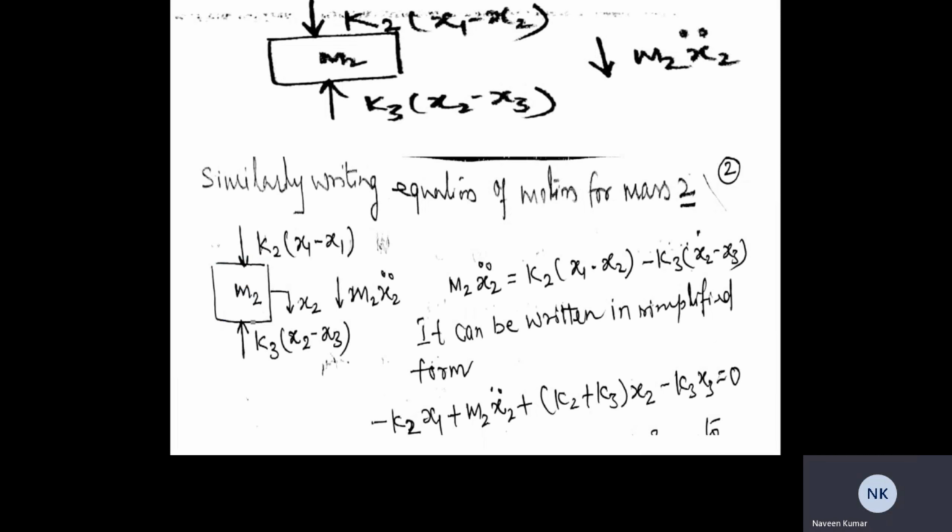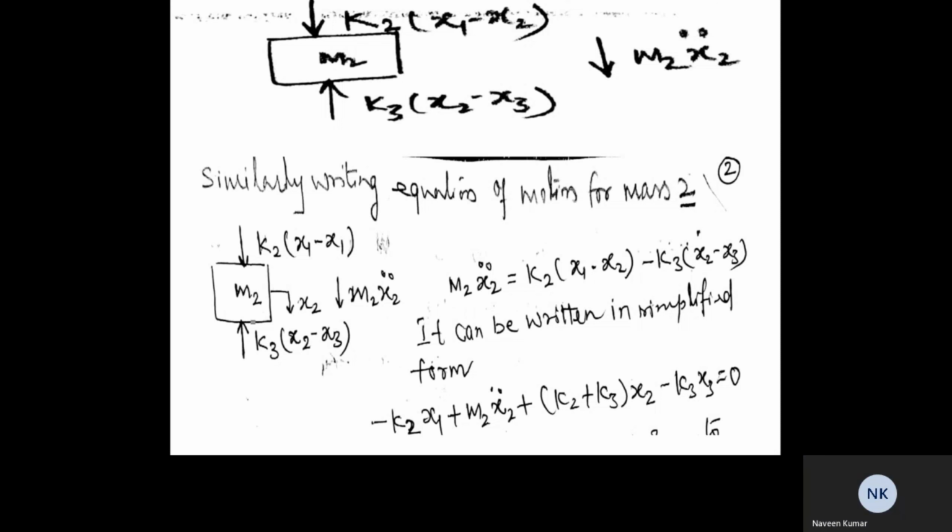In that way, we can write the equation of motion for the third mass. From here, we have done it by writing a minus sign, the spring coefficient of the previous spring, that is k2, into the displacement of the previous mass x1.